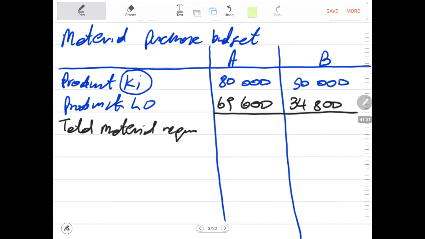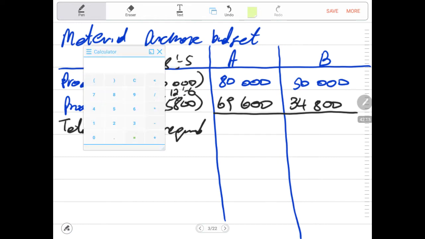This is the total material required to produce the 10,000 units and to produce the 5,800 units. Remember, you would have done the calculations here by 8 is to 5, here by 12 is to 6.